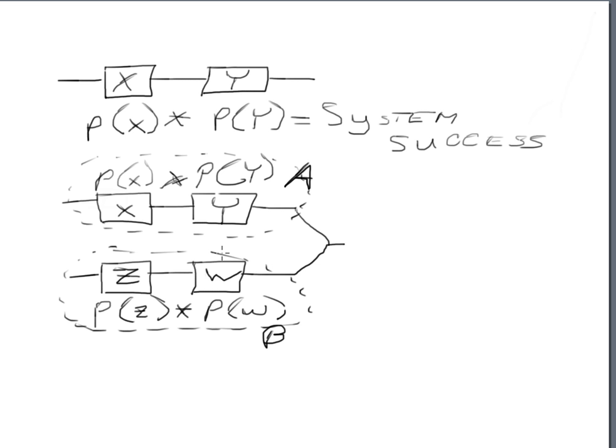So we multiply the probability of X times the probability of Y to get the probability of this system A working, and then we multiply the probability of Z times the probability of W to get the probability of the B system working, and system C success then was going to be the probability of A times the probability of B, and that would give us system success.